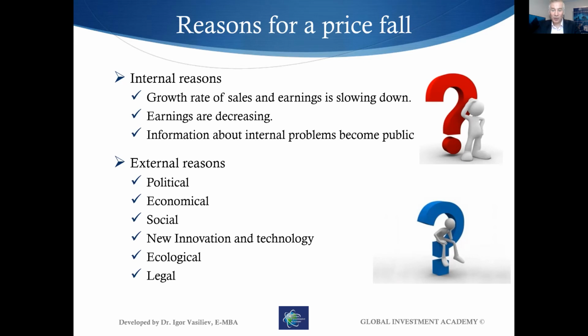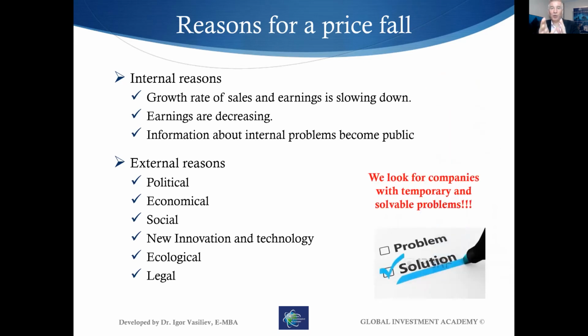So guys, when we try to find companies, we look for those which fell in price because of solvable problems. We understand that the price, which was affected by a certain problem, say an increased expense level, is a solvable temporary problem. Let me give you two examples.